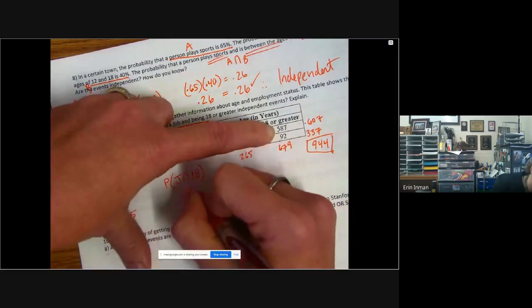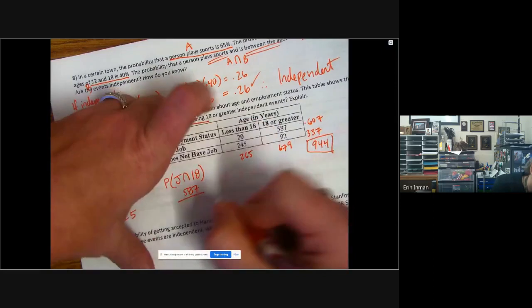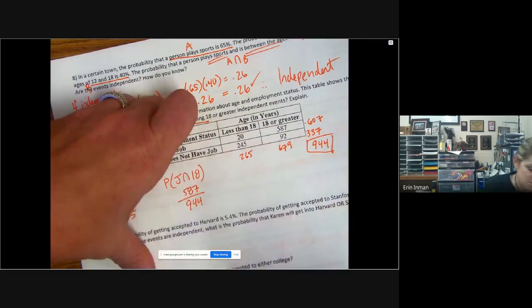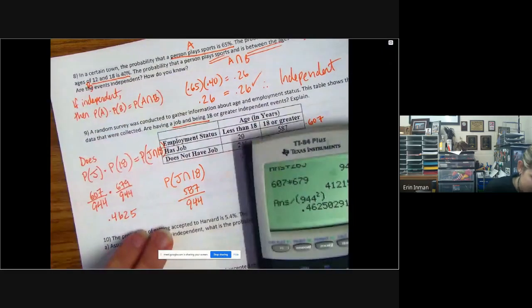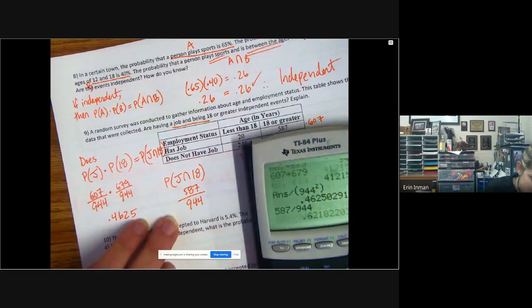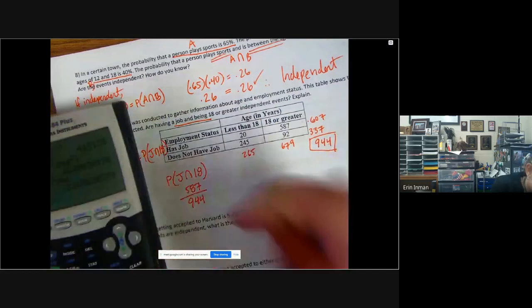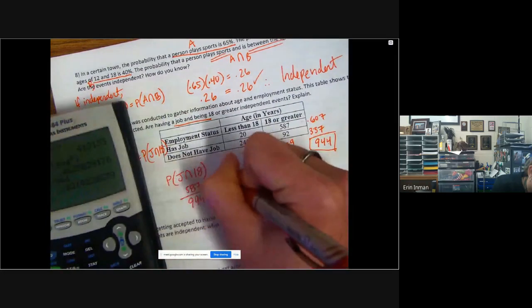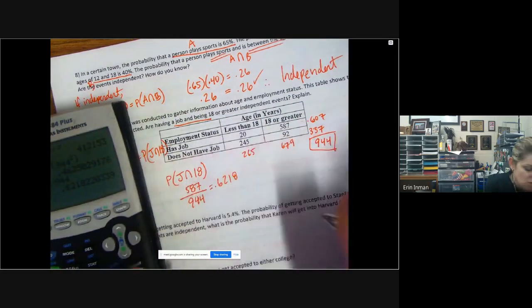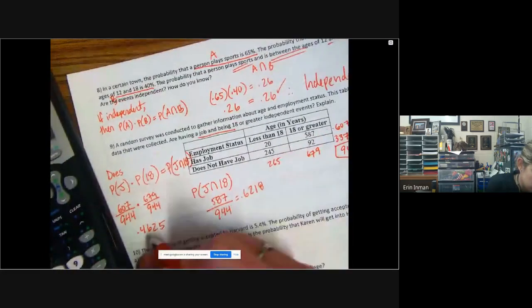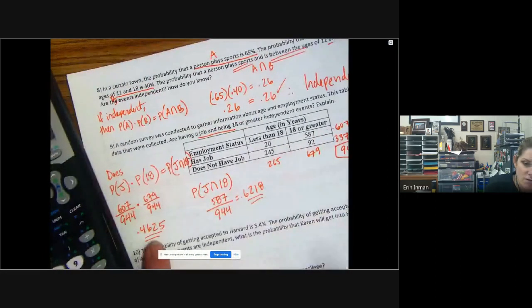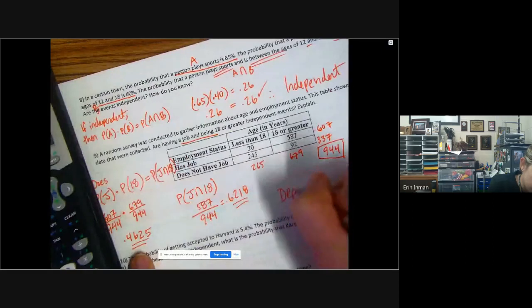So that's 587 out of 944. Let's check and see, 587 divided by 944. And this is 0.6218. So since these are not equal, those are not equal, this would be dependent events.